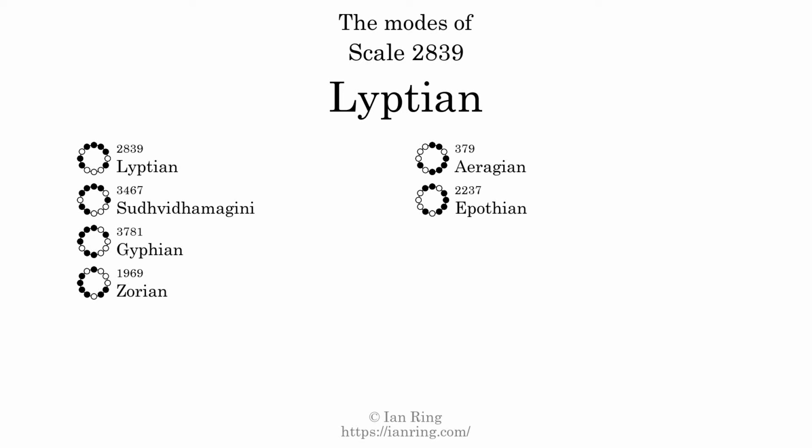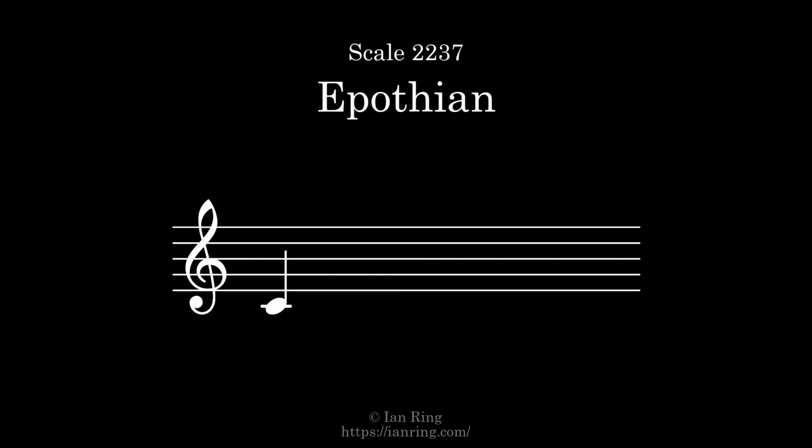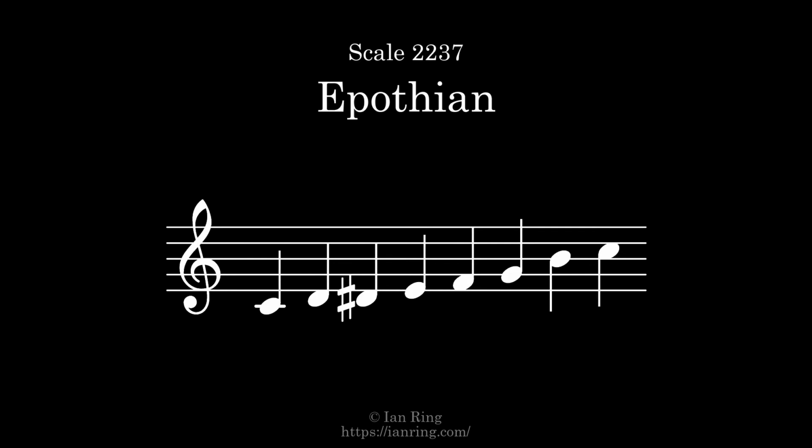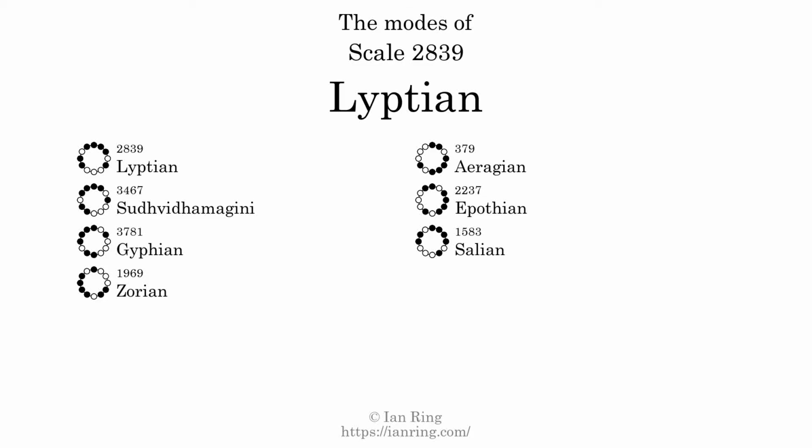The sixth mode is scale 2237, also known as Lyptian. It sounds like this. The seventh and last mode is scale 1583, also known as Saline. It sounds like this.